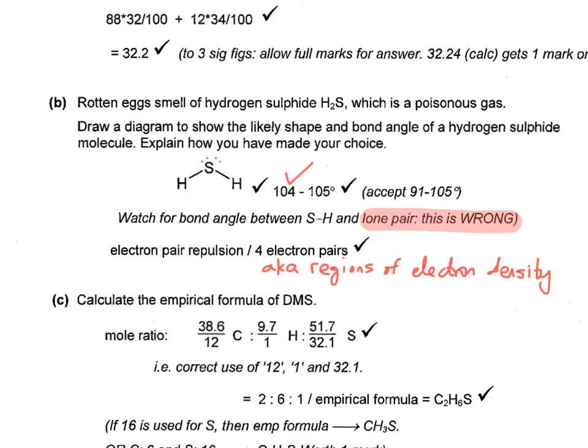And it's quite interesting to see what it says about watching for bond angle between sulfur, hydrogen and lone pair. What they're talking about here is a bond angle between the lone pair and the bond pair. They're not interested in that, and the reason for that is it's not a bond angle. A bond angle can only be between 2 bonds, not between a lone pair and a bond. So that's why they're saying that's incorrect.